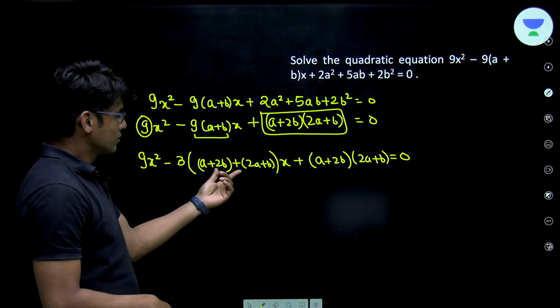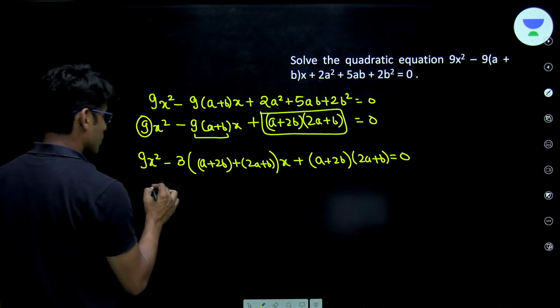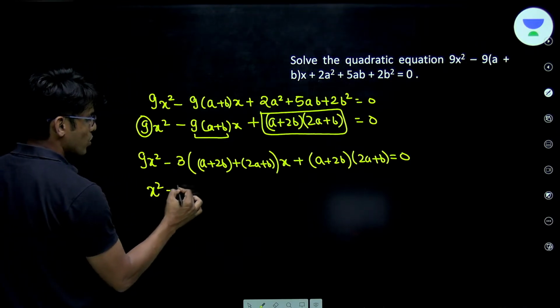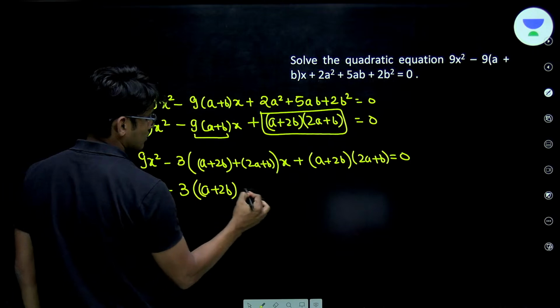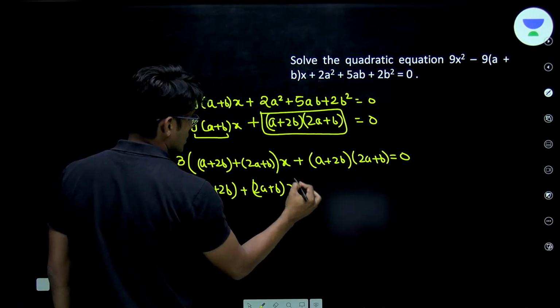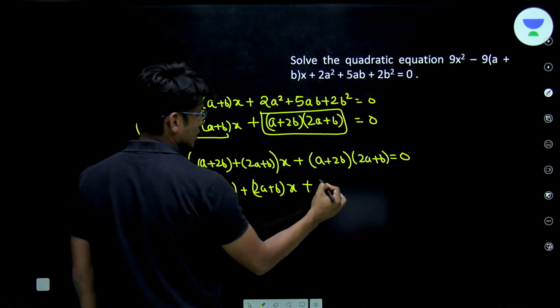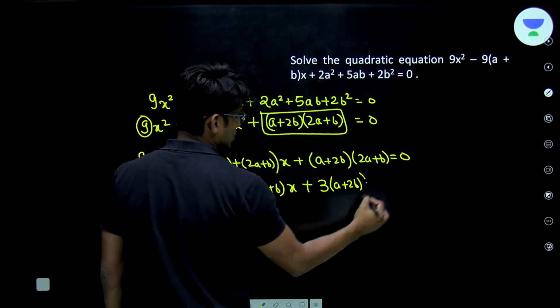Can you see it here? Now, I told you a simple ninja technique in the last class. Just multiply 9 here, and I'm writing it like this.